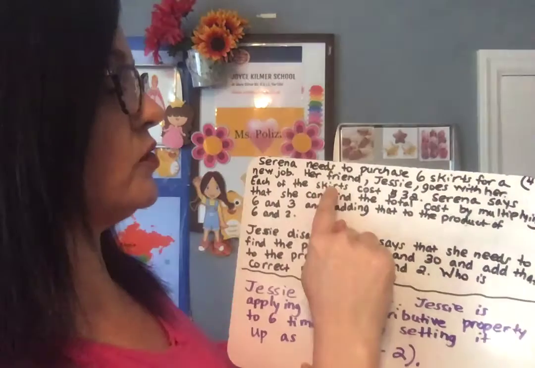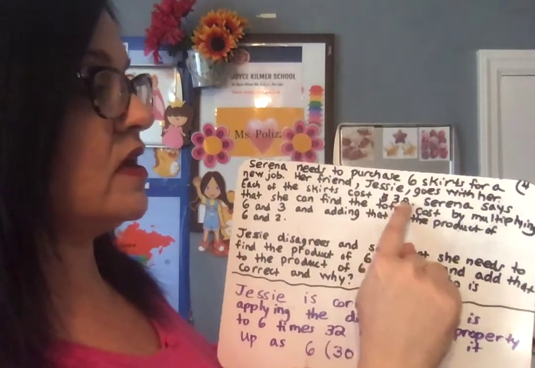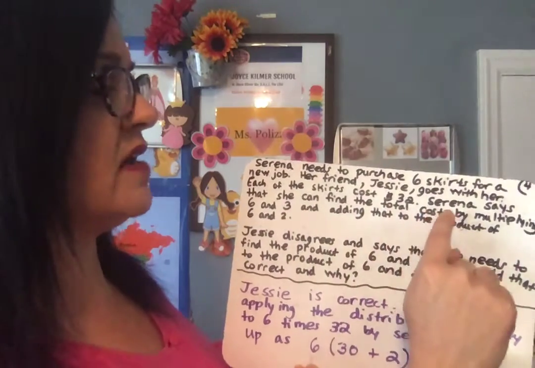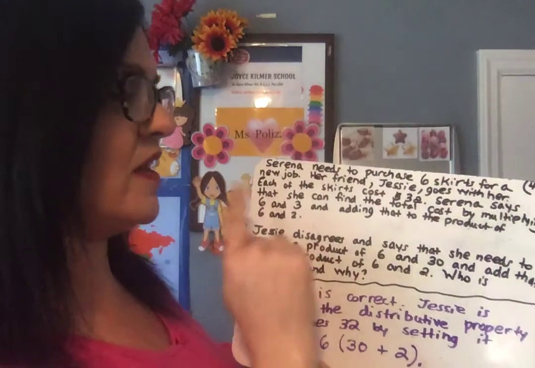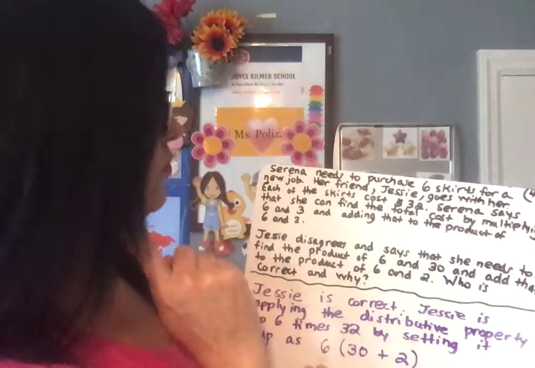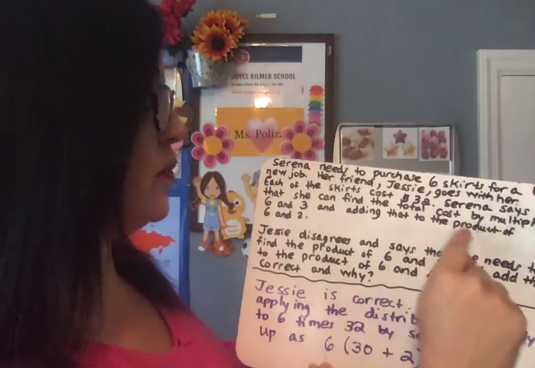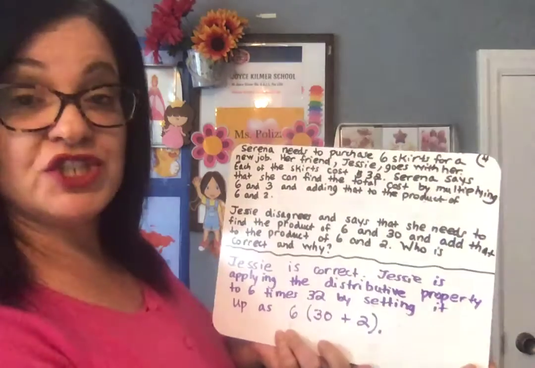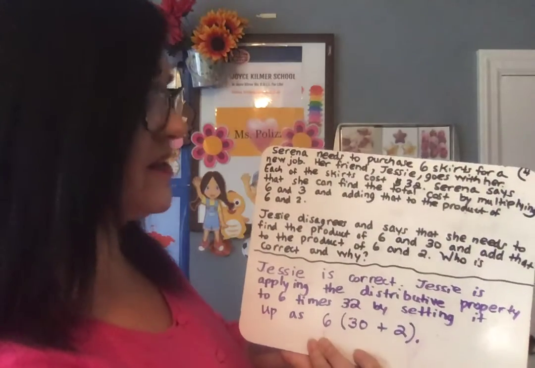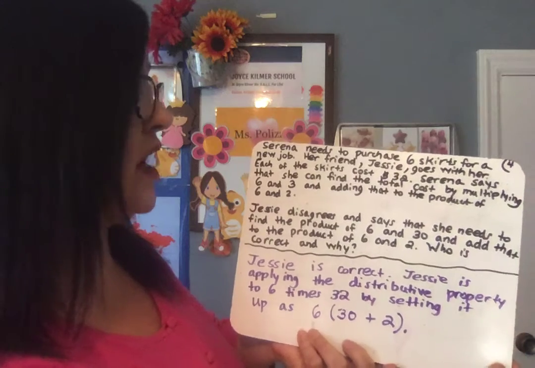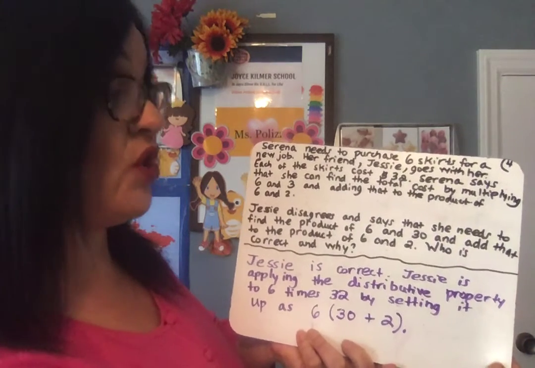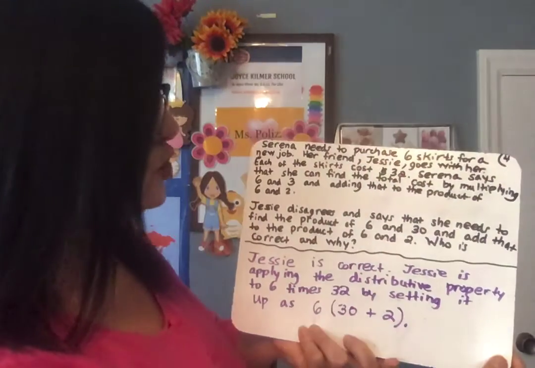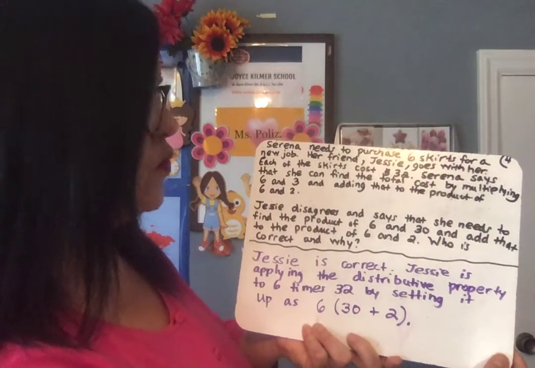Each of the skirts costs $32. Serena says that she can find the total cost by multiplying 6 and 3, and adding that to the product of 6 and 2. Jessie disagrees and says that she needs to find the product of 6 and 30 and add that to the product of 6 and 2. Who is correct and why?